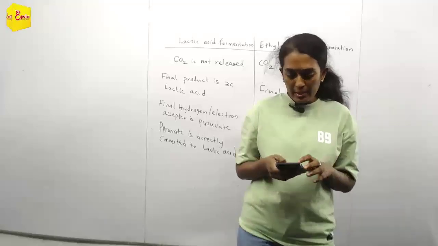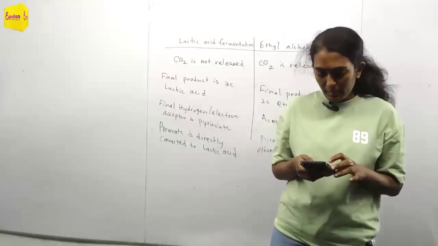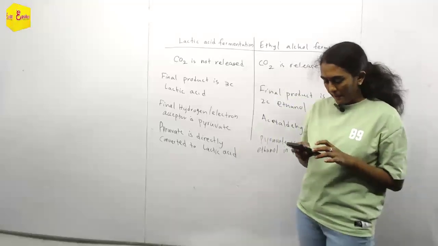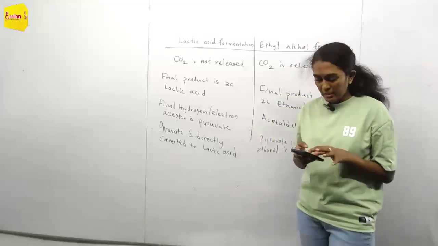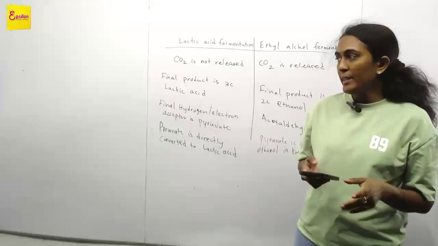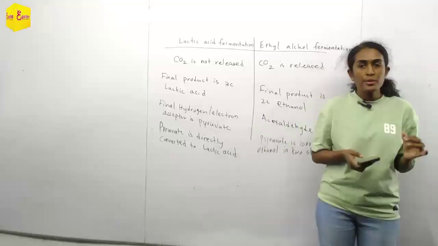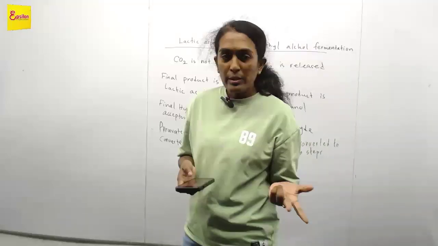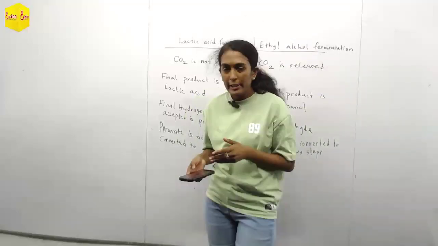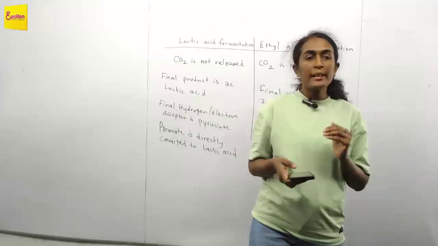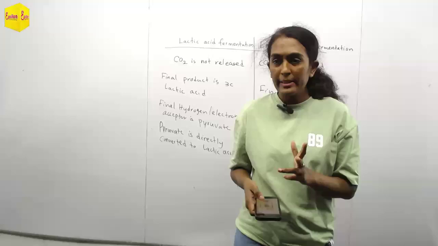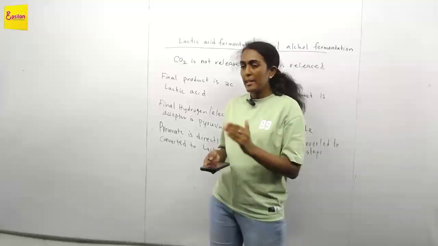So go to the chart, page number 71. Carbohydrates other than glucose, like starch and glycogen, are converted into monosaccharides and enter into glycolysis. You have to tell the step at which they enter and what the substrate is.